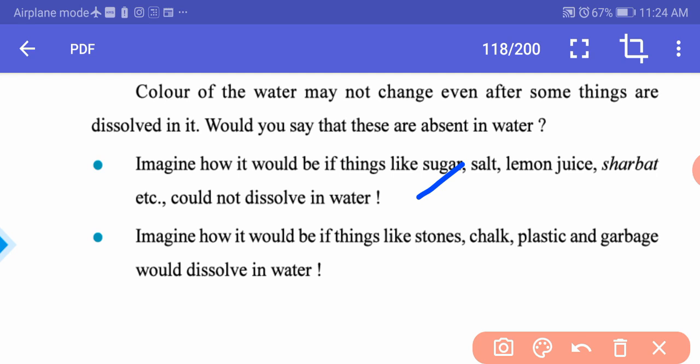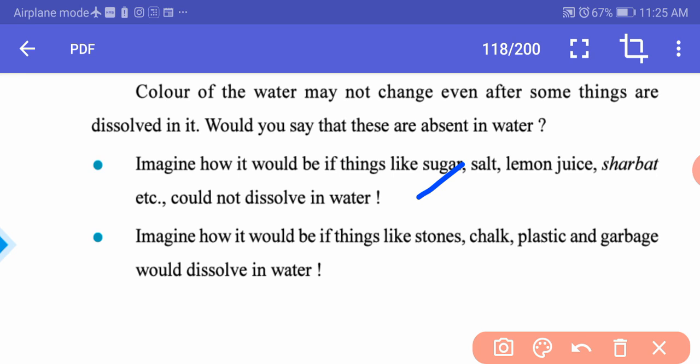For example, if you dissolve dal in water, does the water taste like dal? No. But if you dissolve sugar in water, the water becomes sweet. Same way, if you dissolve salt in water, the water becomes salty. So if these things did not dissolve in water, then we would not be able to cook.